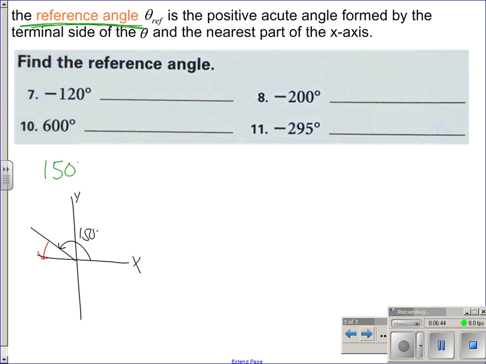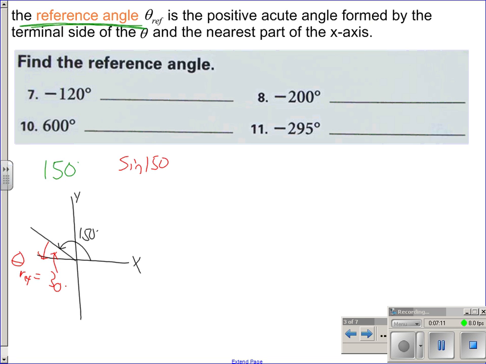So that's this red angle here. That's 30 degrees. So this is my reference angle. It's 30 degrees. That's the one that we're going to be dealing with most of the time. The problems that you'll see in a little bit are going to be asking you, what is the sine of 150? Well, you can just use that reference angle of 30 and get the answer.